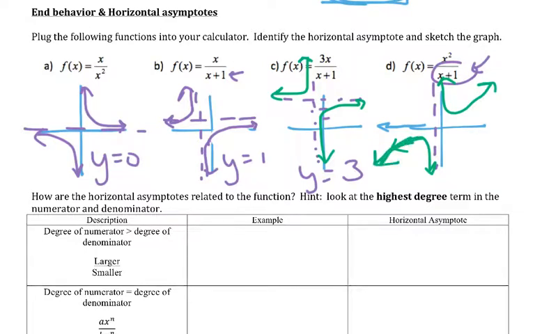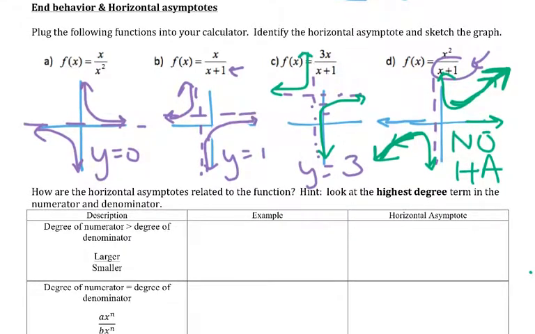It's headed towards -infinity. So it's not approaching a horizontal line. Here, as we go to +infinity, our graph is going towards +infinity. Again, it's not approaching a horizontal line. So there is no horizontal asymptote in this situation.